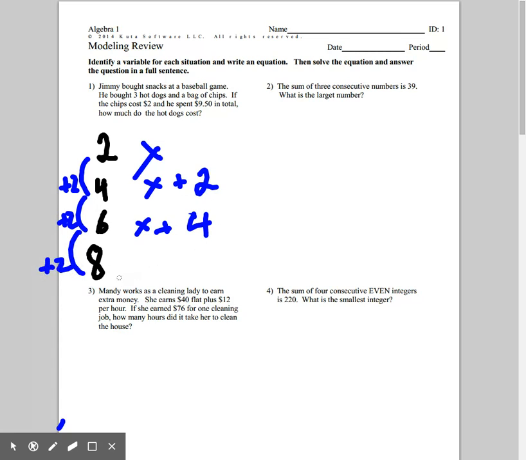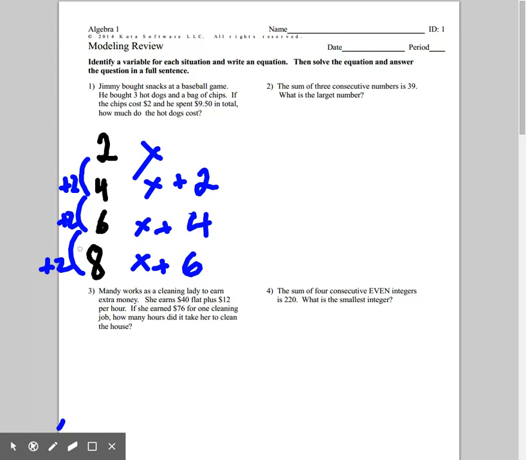So therefore, my next one is going to be x plus 4 plus 2, which is 6. Adding 2. Just adding 2. So we start at x, and we add 2. And then we add 2 to this, and we get 4. And we add 2 to this, and we get 6, right? And all this is saying is that this is 6 away from our first number. And we always say our first number is x.